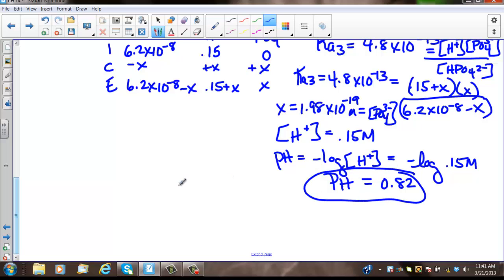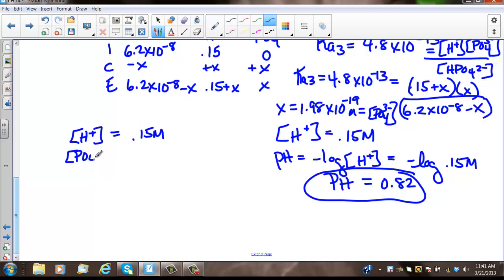They also want all species in concentration. So we have to go back. We know that our H plus is 0.15 molar, even though it's really 0.15 molar plus 1.98 times 10 to the negative 19th plus 6.2 times 10 to the negative 8th. It's really not going to change.